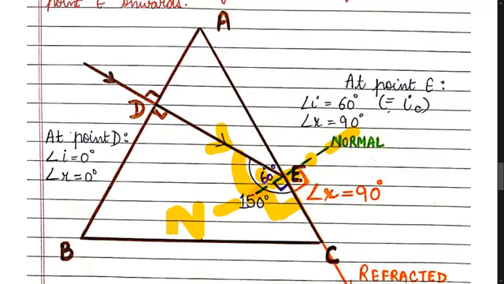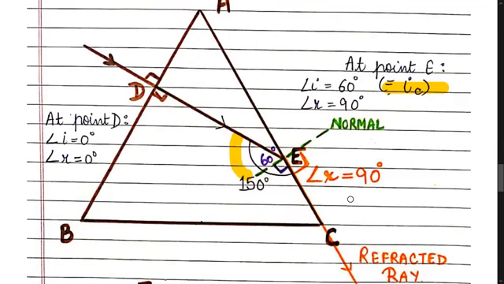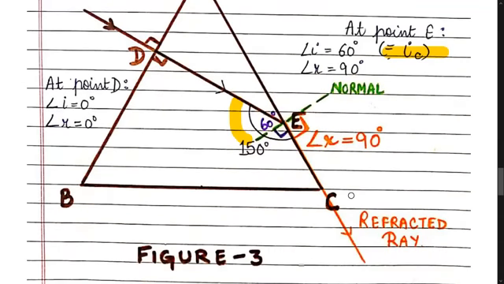Students, see, the angle of incidence is the angle between the incident ray and the normal, which is 60 degrees. So the angle of incidence is 60 degrees and the critical angle is also given to be 60 degrees. If the angle of incidence is equal to the critical angle, in that case the light gets refracted along the surface only, such that the angle of refraction will be 90 degrees.